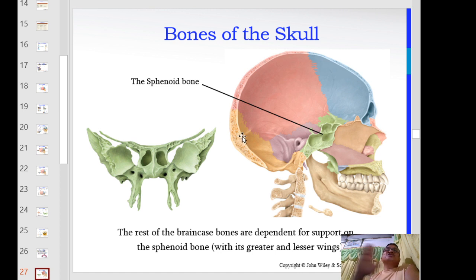So what bones are not seen here? The temporal, on the other side. But of course, the temporal and the parietal on the left or right side are not here.